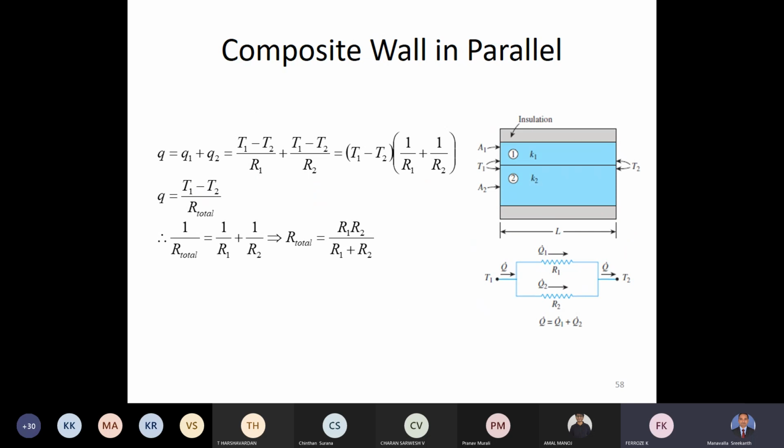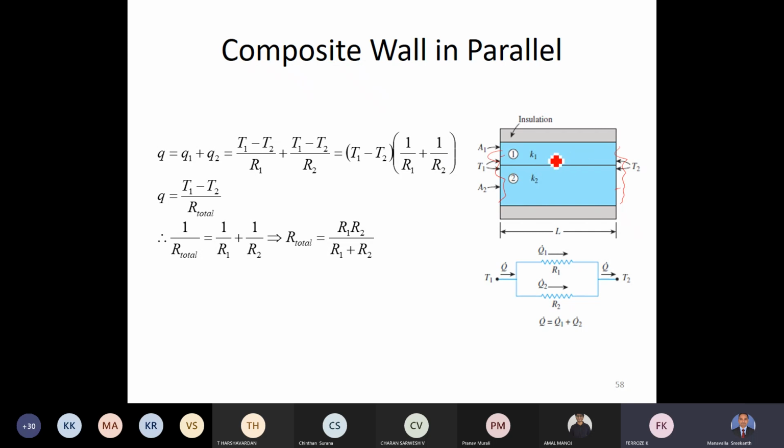Here we see two resistances in parallel. When two resistances are in parallel, the temperature drop across them will be the same. The temperature drop across the left and right sides of slab 2 is the same. You can see here the left side totally is at a temperature T1 and the right side is at a temperature T2.